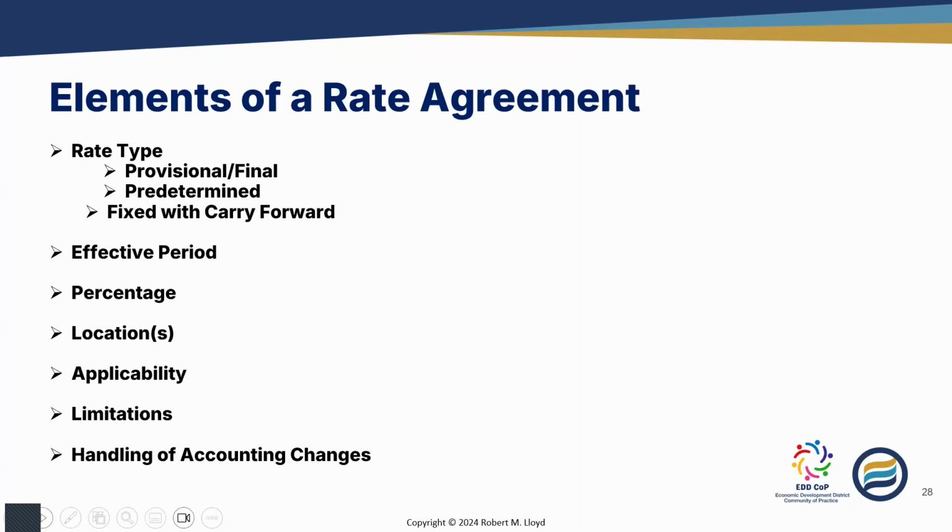In a provisional final rate, the rate is established based upon the beginning of a particular fiscal period. So you develop your rate proposal prior to the time the fiscal year begins. You're given a rate to be used during that fiscal year.